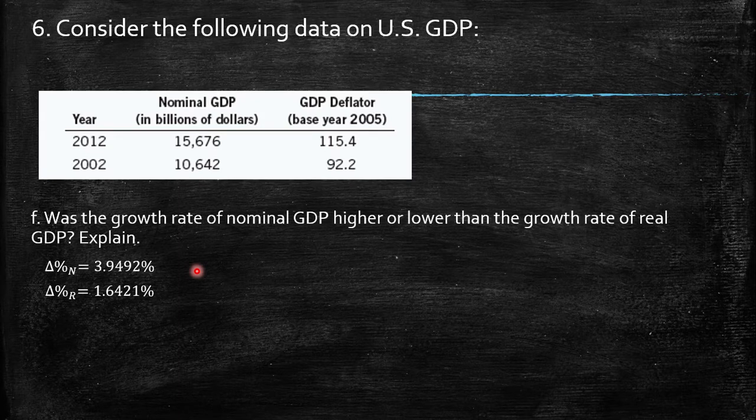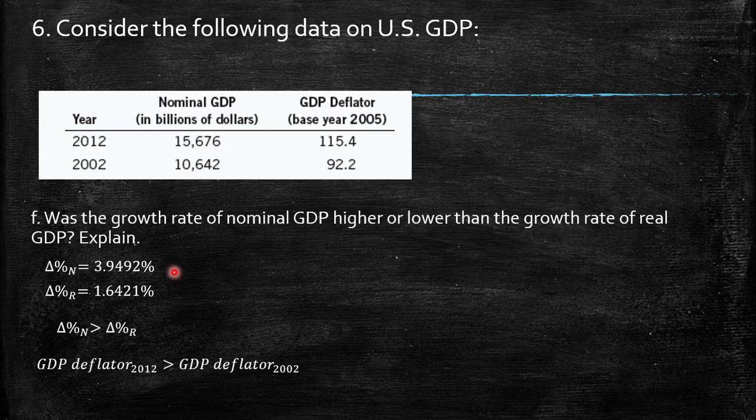Anytime we have an increase in nominal higher than the real, which is the case here, it means that this increase was represented not only by quantities but also by prices. And here we have that the GDP deflator for 2012 is higher than the GDP deflator for 2002.